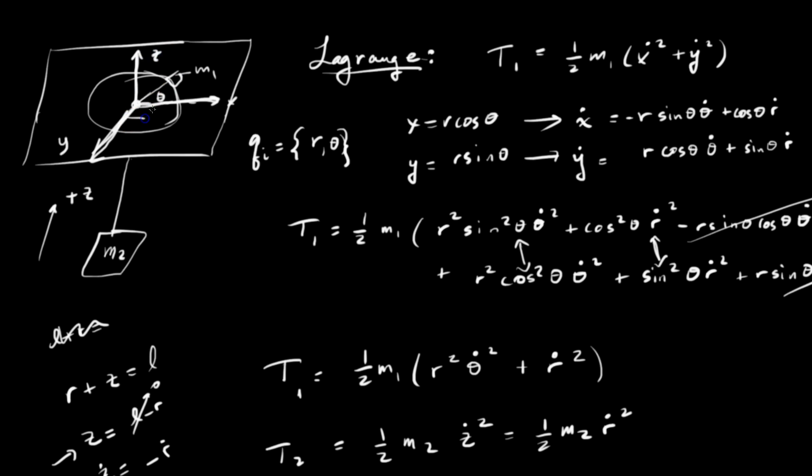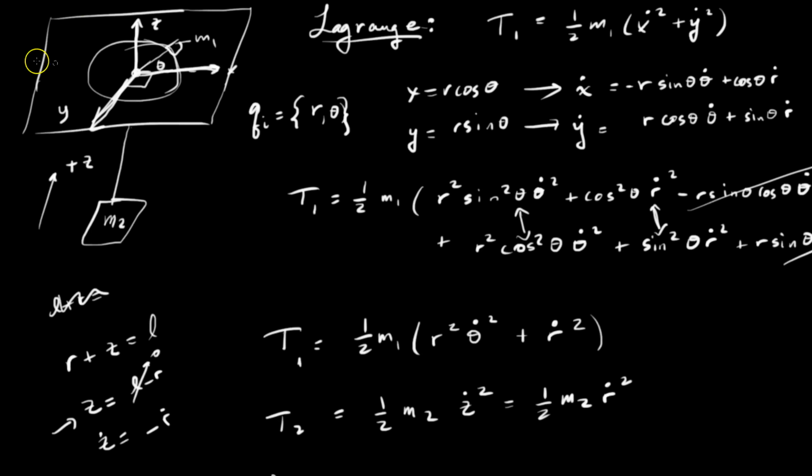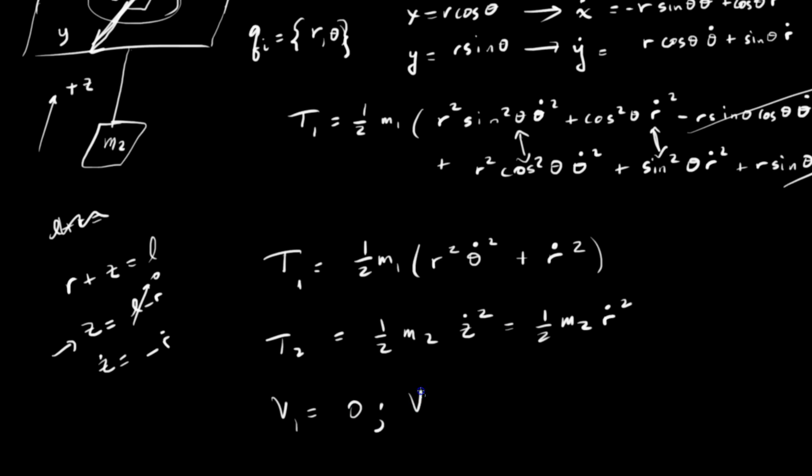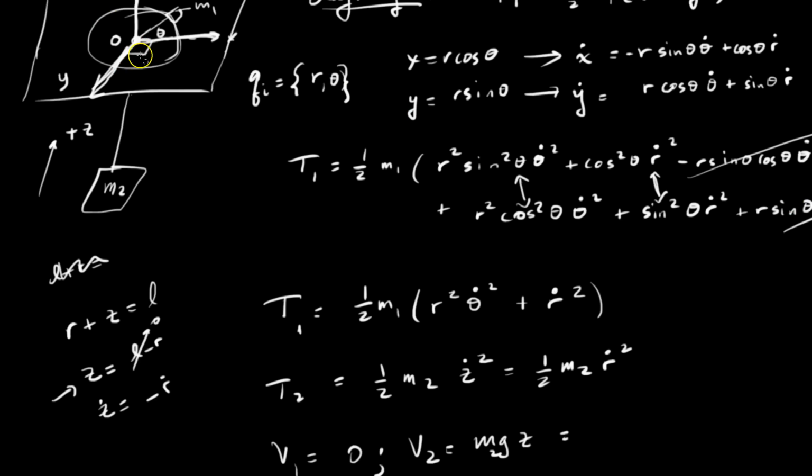This is going to be a right angle. Z is up, y is this way, and x is that way. So what are we going to have here? Oh yeah, if we call this the origin, then the potential energy is 0. So that. And then V2 is just going to be m2 times g times z, and z is equal to L minus R. But it's below the origin, right? If we set the origin equal to here, so it's just going to be below here.